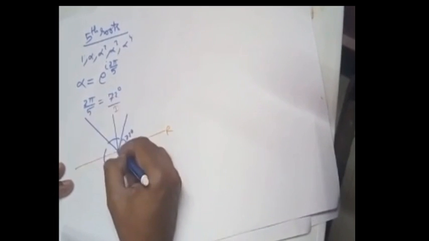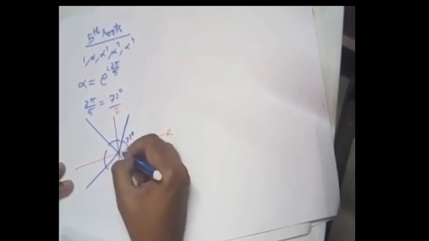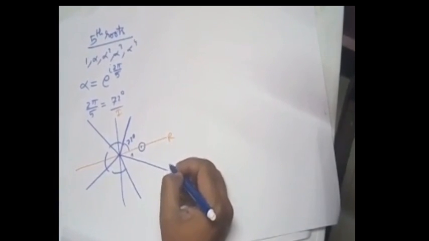This way we make 5 portions of 72 degrees, and in this way the first root, second, third, fourth, and this is the fifth. So these 5 roots belong to a set.